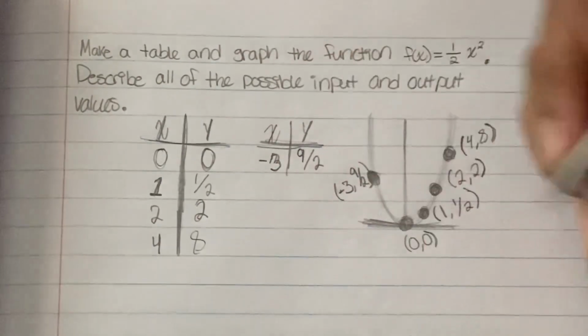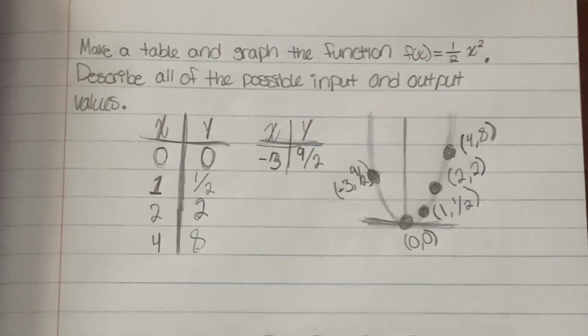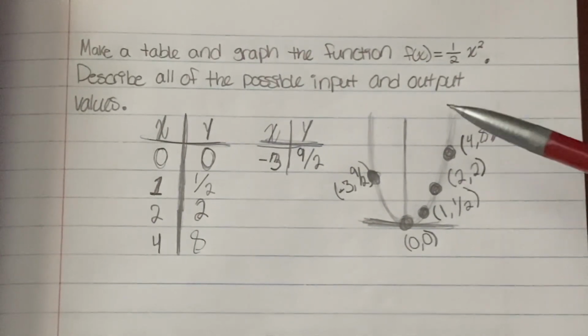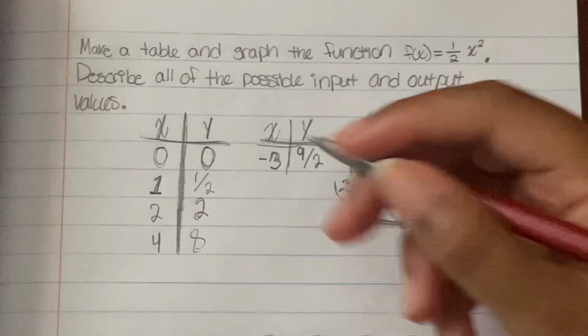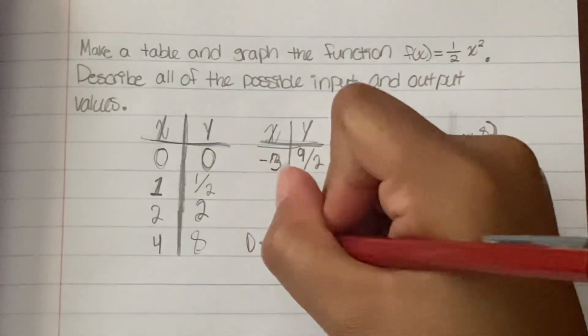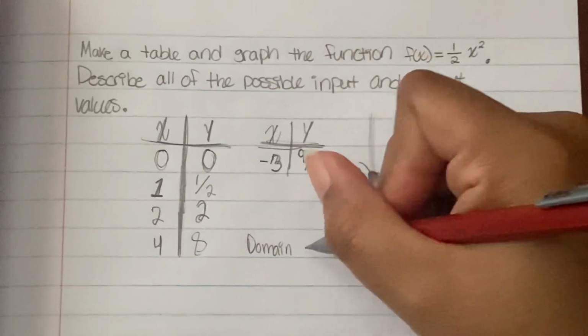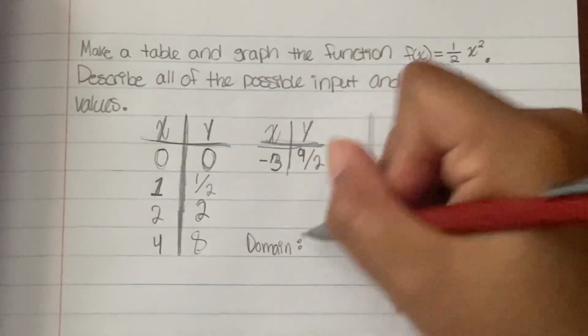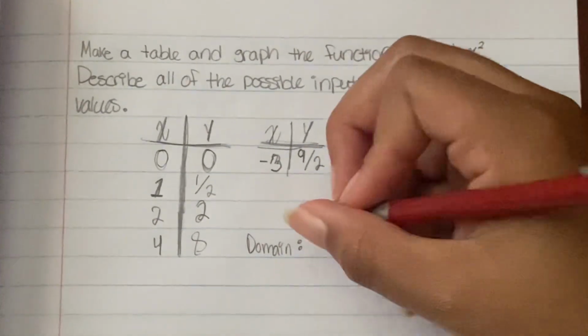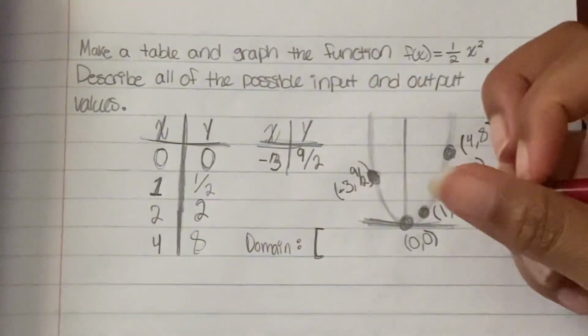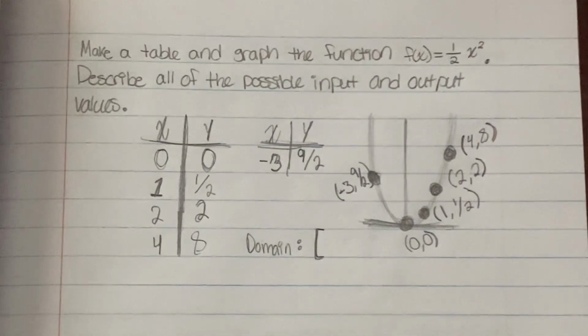And now that we do know that, to describe the possibles, let me look at it like the domain. The domain would have to equal, domain is x-axis, by the way, it's only x.